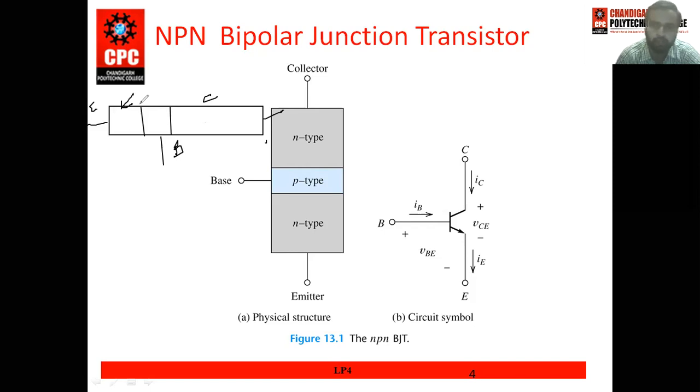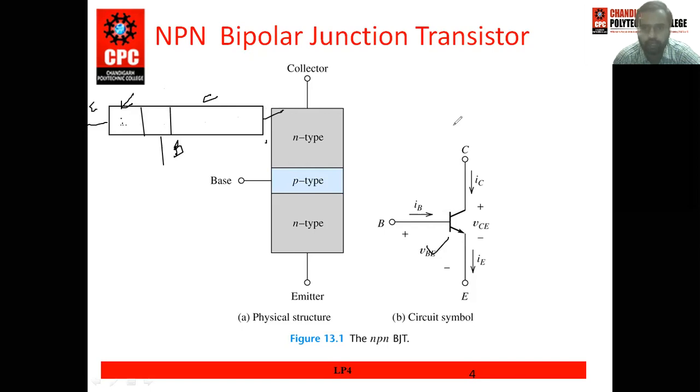The size of the emitter is in between the collector and base. The size of the base is small. The collector is large, the emitter is medium, and the base is small. In the doping part, the emitter is heavily doped, the base is lightly doped, and the collector is mediumly doped.